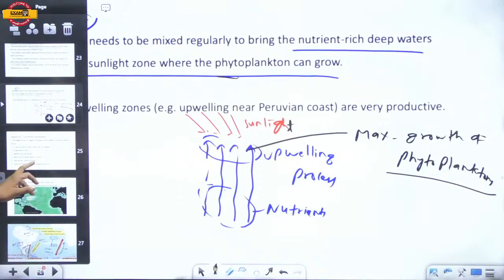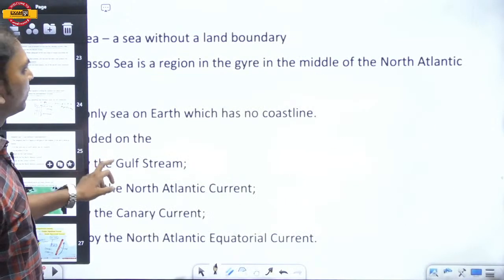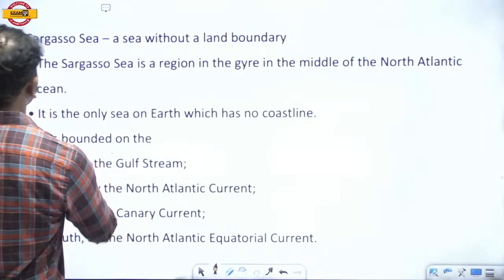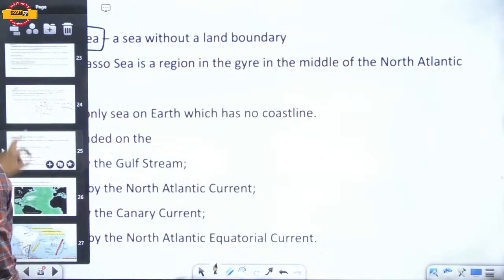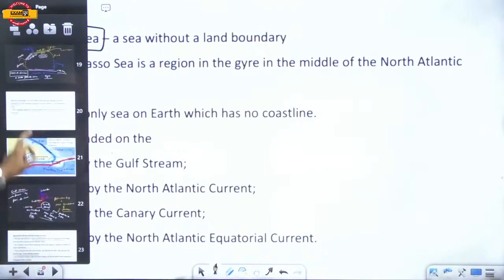Okay, now we are coming to the Sargasso Sea. What do you know about the Sargasso Sea? Have a look first of all.